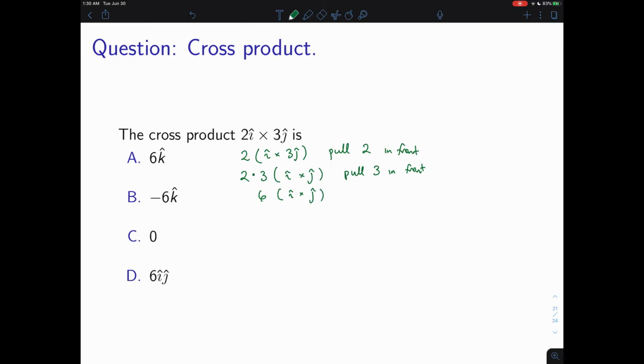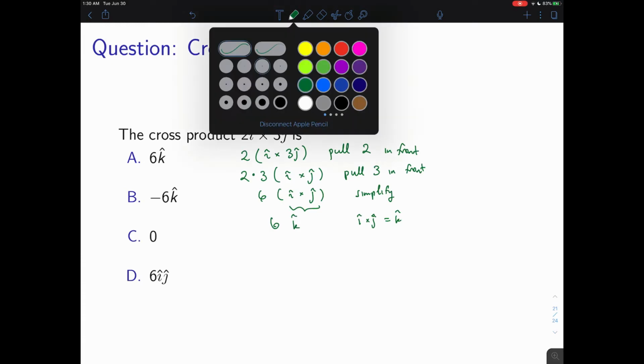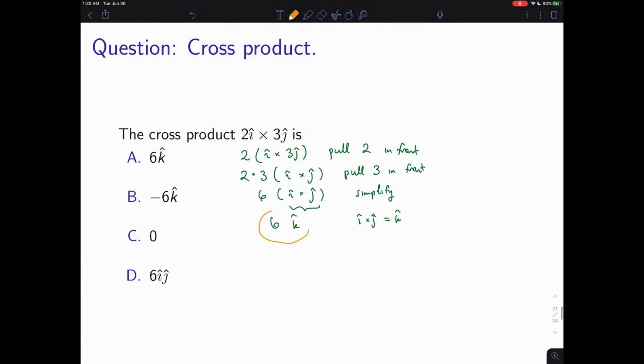And I guess 2 times 3 is 6. And then we know a rule that i cross j is k. So our answer is A, 6k.